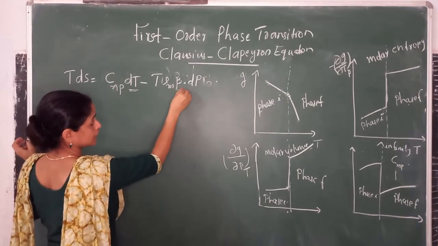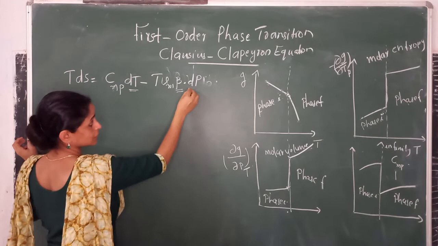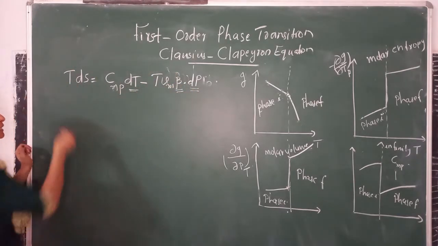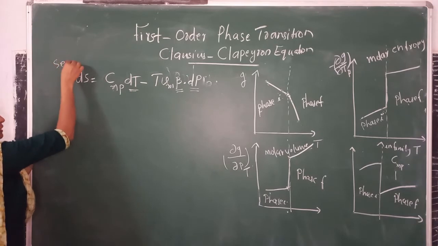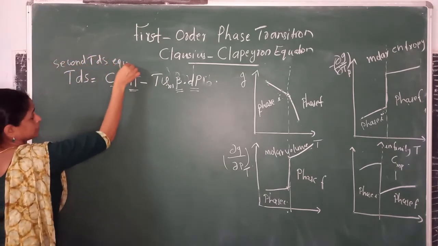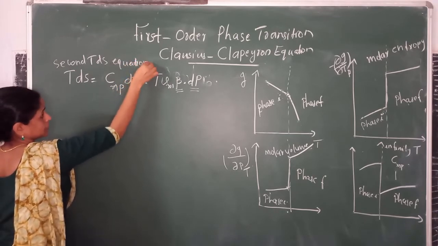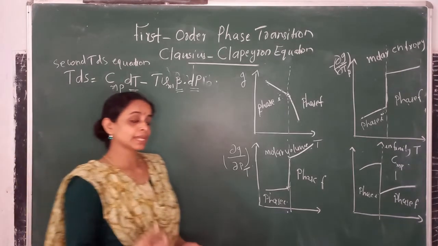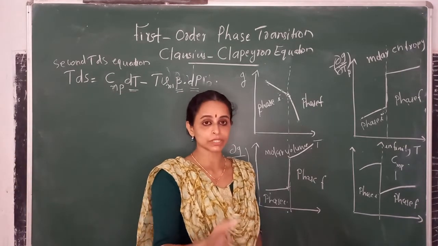This beta also goes to infinity. This dP is 0. So we cannot do anything with this second TdS equation, but we can integrate the first TdS equation to some extent.